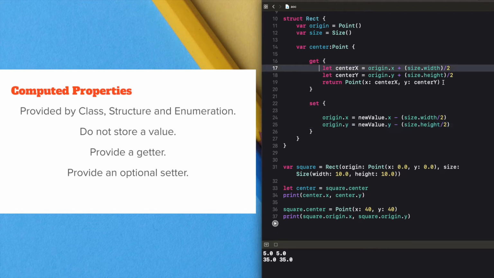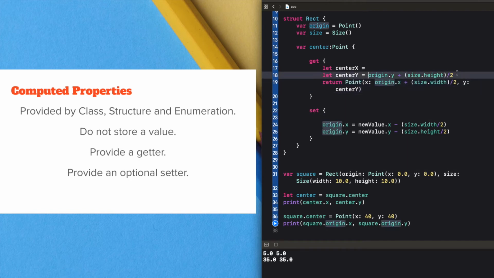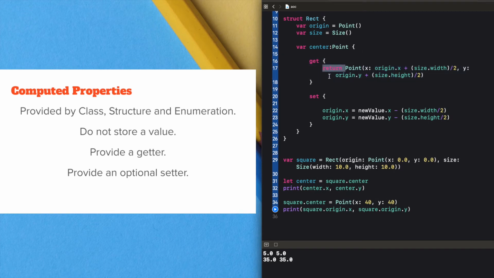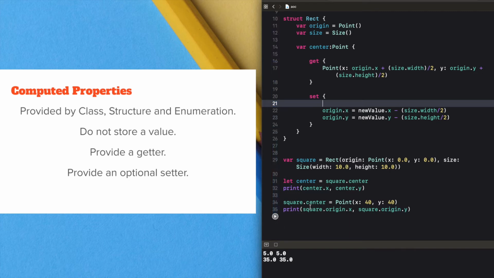We have more lines, so for x I'm going to change it. Since it's a single expression, we don't have to explicitly write return. It will automatically return it. Got it.